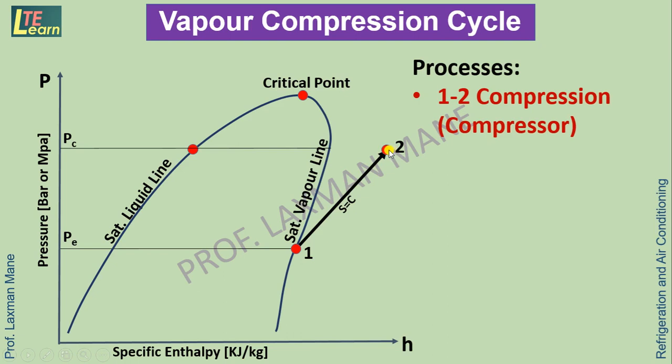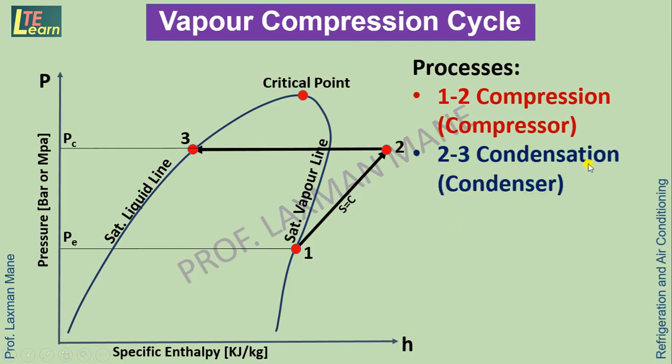From point number 2 to point number 3 is the total condensation process. Out of that, the first part is desuperheating, and after that is the latent heat removal process. So 2 to 3 condensation takes place in the condenser. Here heat is rejected to the atmosphere by the refrigerant at constant pressure.